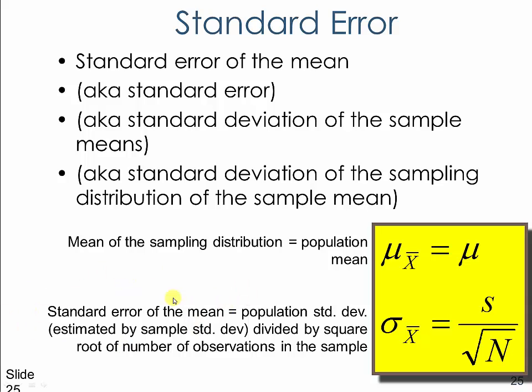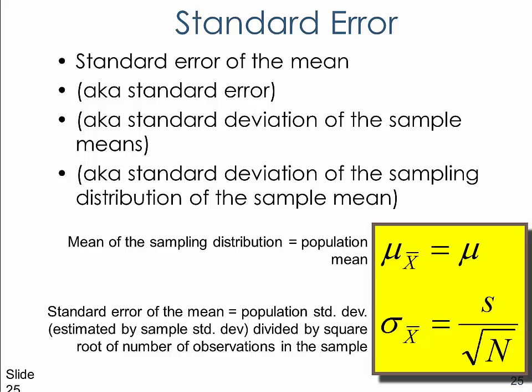The standard error of the mean is equal to the population standard deviation divided by the square root of the number of observations in the sample. And all that was to tell us that the standard error is the standard deviation of sample means, and that it is a measure of how representative a sample is likely to be of the population.